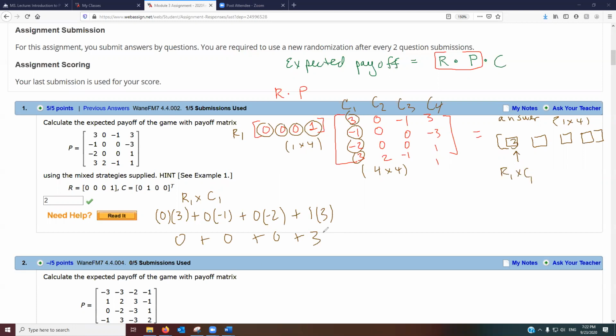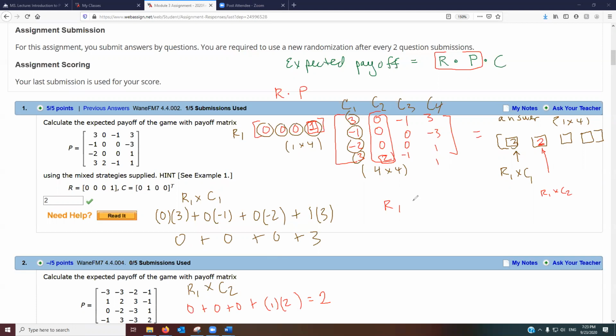All right, well, let me do R1 times C2. I'm going to take R1 and multiply it by this column C2. But you can probably see I'm going to be multiplying zeros. So it's going to be a 0 plus a 0 plus a 0. And the only multiplication that's really going to matter is this 1 multiplying that 2. So this answer is just going to be a 2. So I'm going to put a 2 here. So this was row 1 times C2. All right, let me keep going.